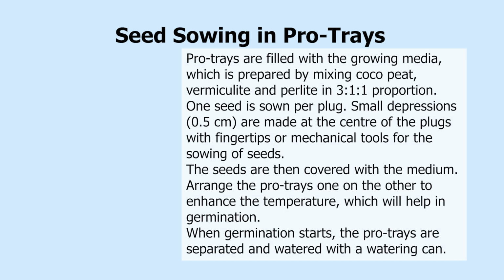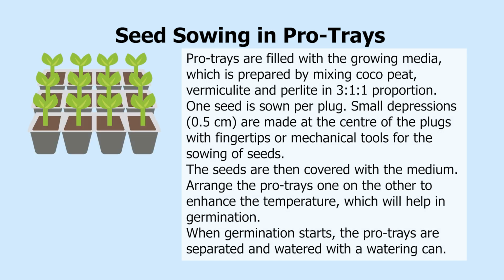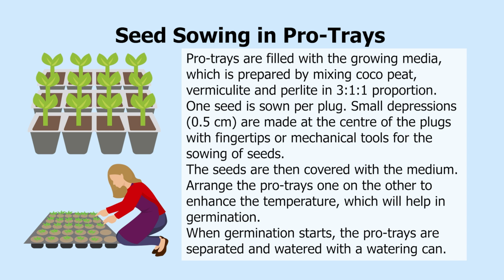Pro trays are filled with the growing medium, which is prepared by mixing cocopeat, vermiculite and perlite in 3:1:1 proportion. One seed is sown per plug. Small depressions of 0.5 centimeter are made at the center of the plug with fingertips or mechanical tools for the sowing of seeds.